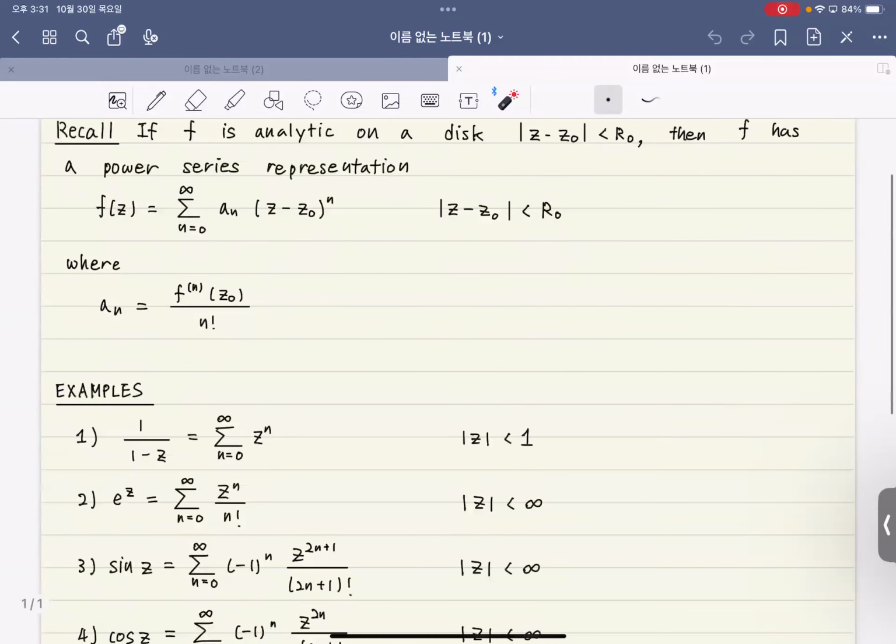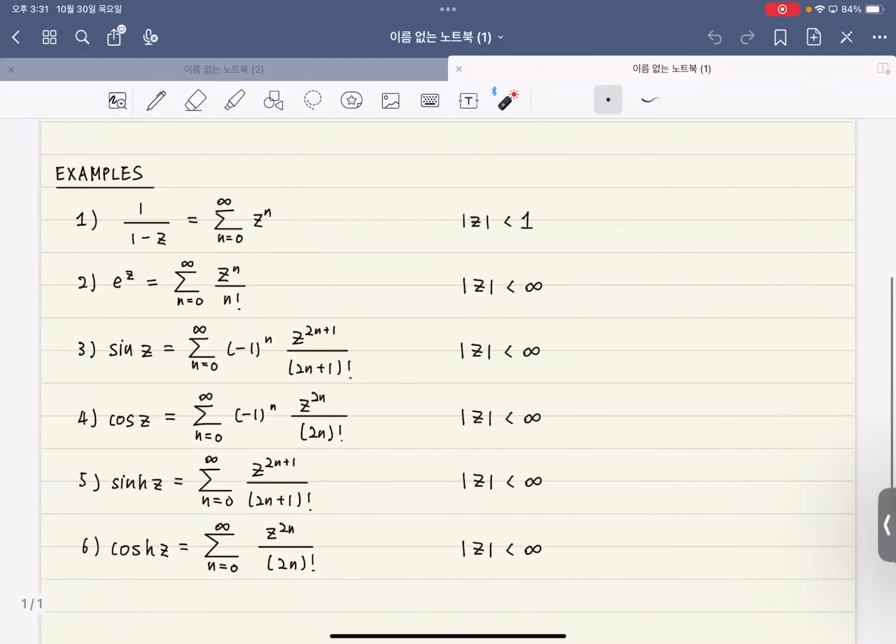These are some basic examples of the Taylor series. This is something that we know very well. This is called the geometric series. I need to add one more remark on this first part: this is actually the Maclaurin series, since this Taylor series is expanded about the origin, and the nearest singularity from the origin is 1. As you can see on the left-hand side, if you plug in z equals 1, you can easily notice a singularity there.